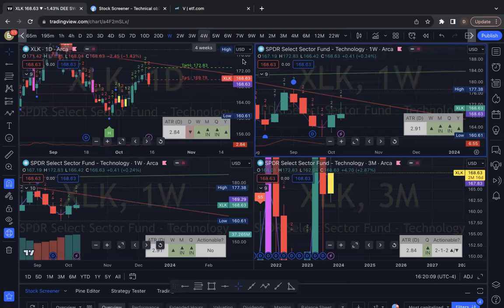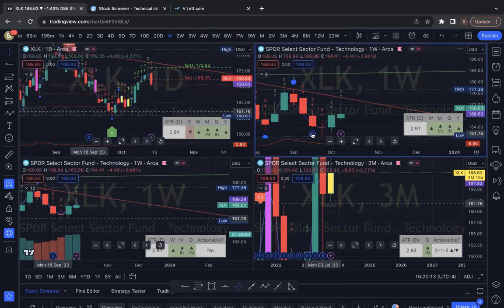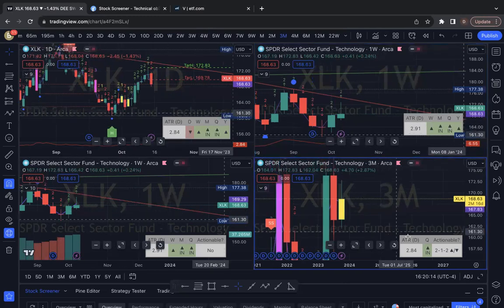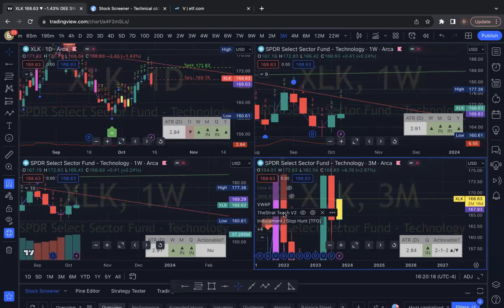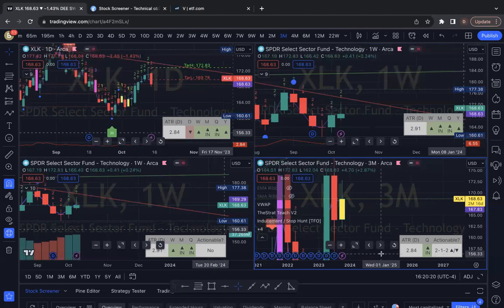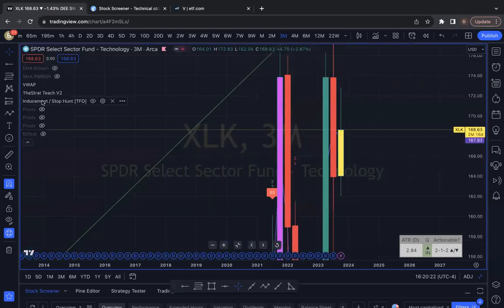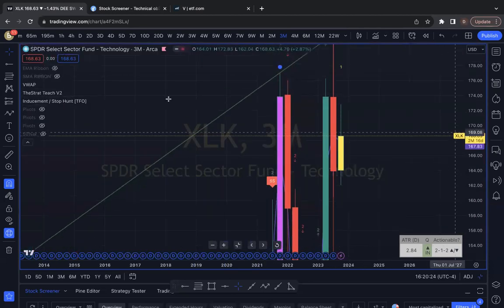What's the indicator you have that shows actionable and inside or outside? Oh, this right here. Yeah. This is the one I really don't like. I hate that you even saw that. What Strat indicator do you use? Do you use Strat Teach V2 or Strat Assistant? The one I have is just called the Strat.